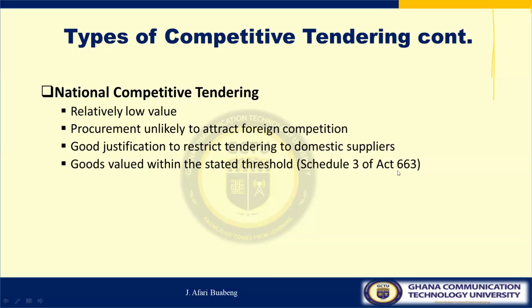Hardly do you get international competitive tendering because of the nature of it. If it is a capital procurement, whereby you may not get it internally, then you have to go out.